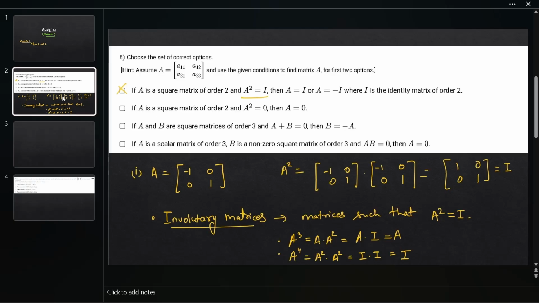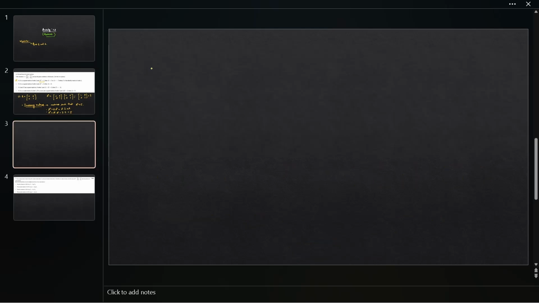In option 2, it is given that if A is a square matrix of order 2 and A square is equal to 0, then the only possibility is A is equal to 0. So again, we have to either prove or disprove this point. First, let's try to think of a counter example. Let's suppose we take A equal to [1, -1; 1, -1].